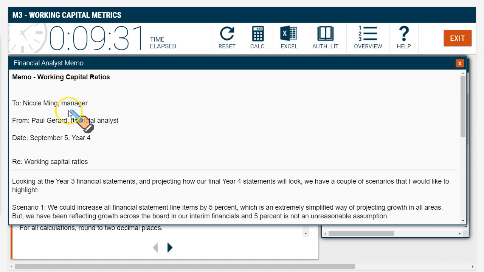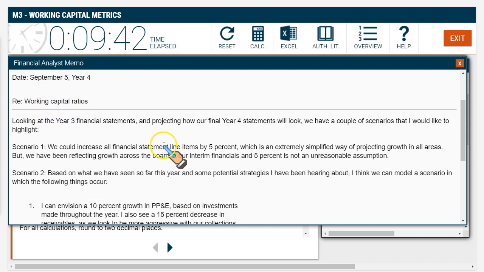Memo, working capital ratios, to Nicole Ming, manager, from Paul Gerard, financial analyst, date September 5th, year 4. Looking at year 3 financial statements and projecting how our final year 4 statements will look, we have a couple of scenarios that I would like to highlight. Scenario 1, that's what we are interested in right now.